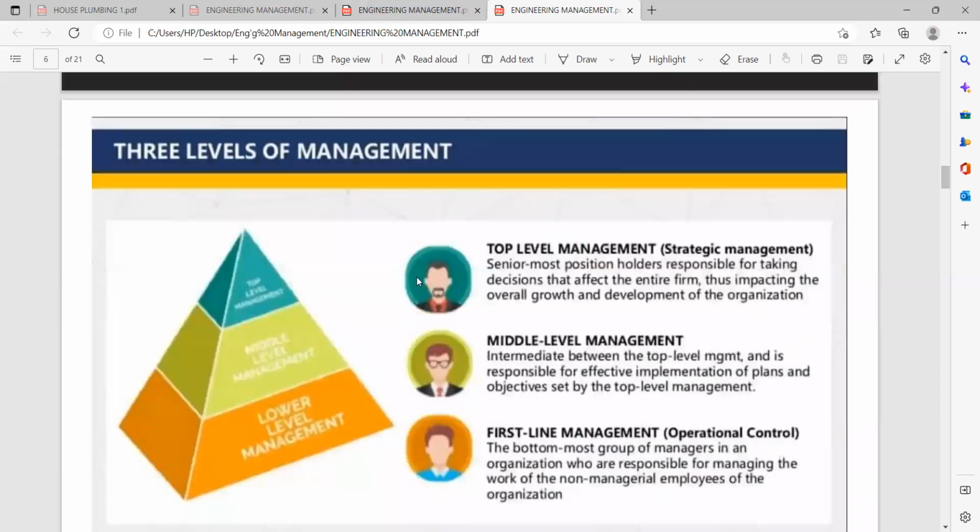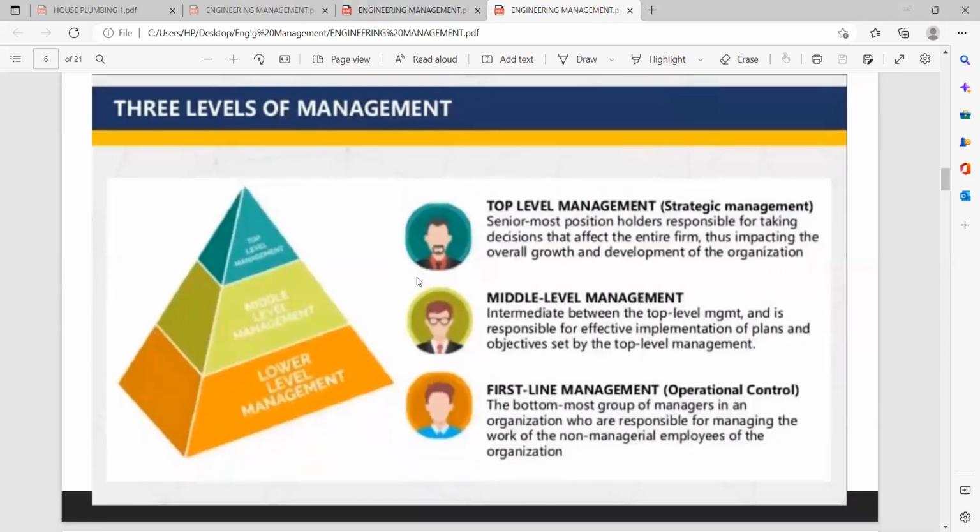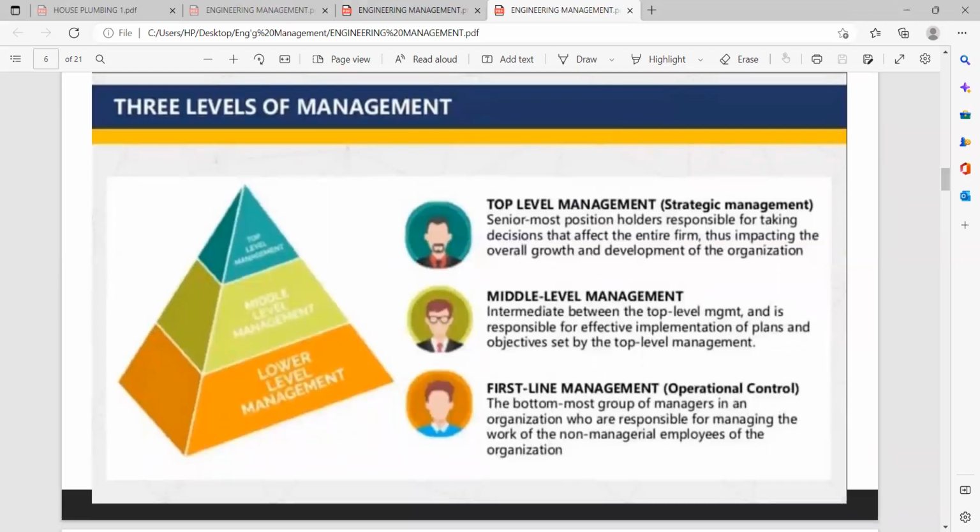Okay, so here we have the 3 levels of management. So we have the top level, the strategic management, the middle level management, and the first line management, the operational control.